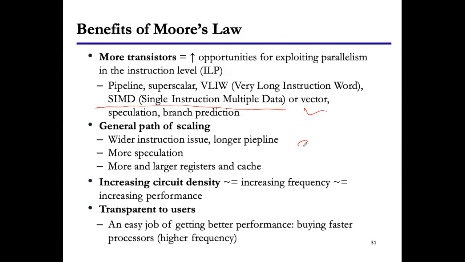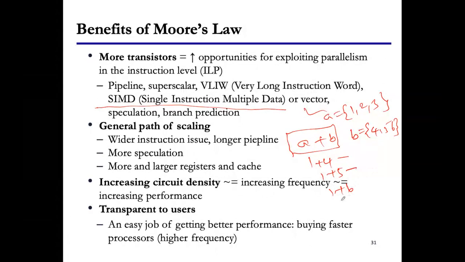Suppose I write a program A plus B, where A is the set 1, 2, 3 and B is the set 4, 5, 6. Then this same single instruction, plus, can be applied as 1 plus 4 one time, 1 plus 5 another time, 1 plus 6 at that time, 2 plus 4, 2 plus 5, and so on.